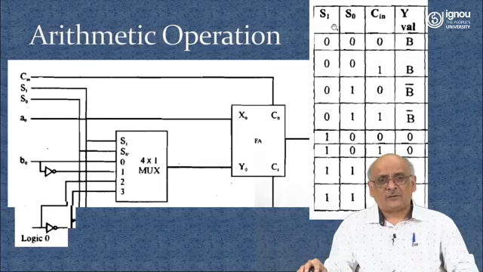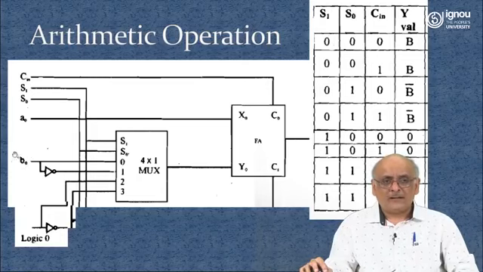So with S1, S0 as 0, what is connected? B0, the bit 0. Similarly, all units will be there in parallel, so B1 is bit 1.